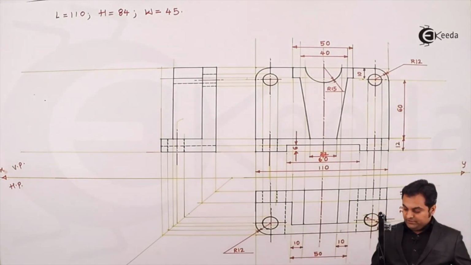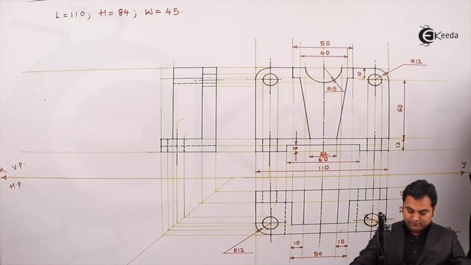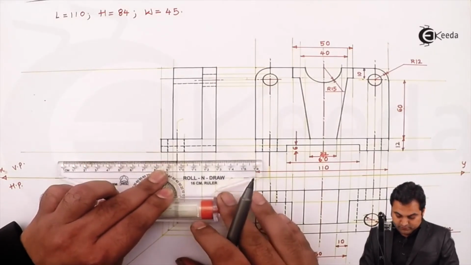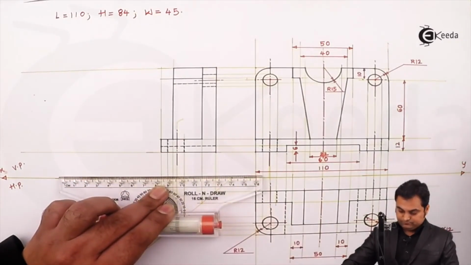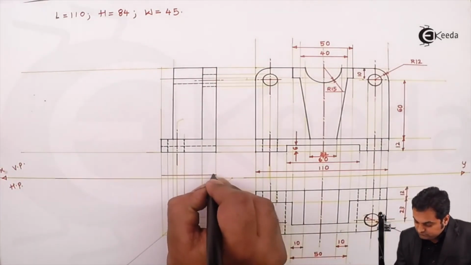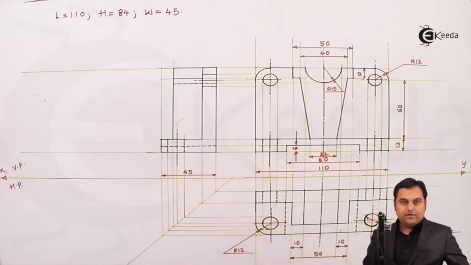Then, after completing the dimensioning in the top view, here I'll give the dimensions for the side view. First thing is I'll give the total width here. It is 45 mm.